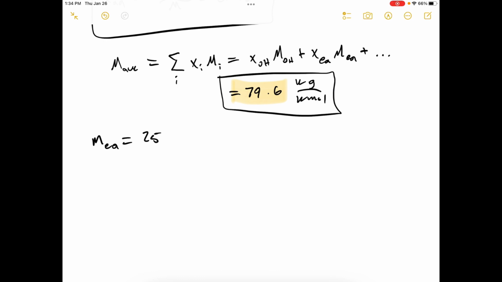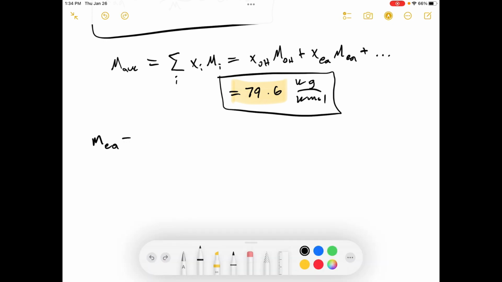Oh no, it's asking what is the mass, excuse me. What is the mass of the sample if we know that the amount of ethyl acetate is 25 kilomoles?